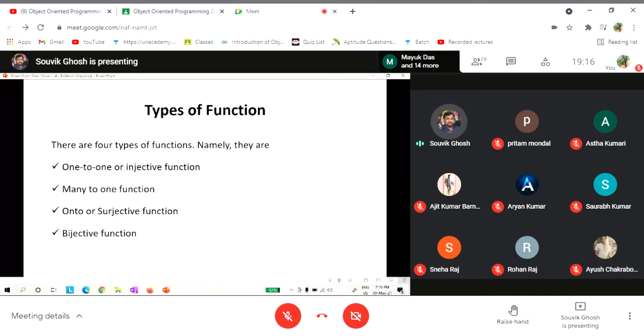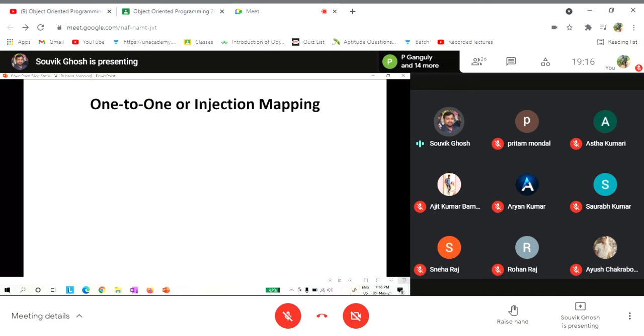And number four is bijective function, which is the most important among these four.